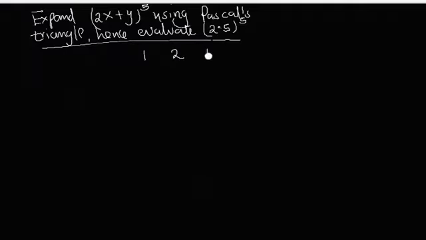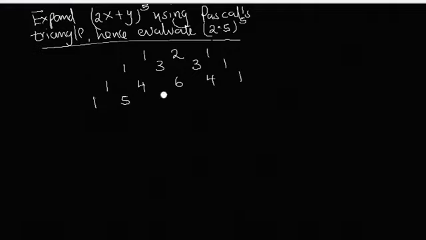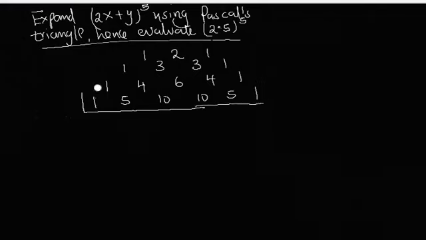This is just to get the coefficients. 1, 3, 3, 1, 1, 4, 6, 4, 1, then 1, 5, 10, 10, 5, 1. Okay, so these are going to be the coefficients of our expansion. So you just want to note them.